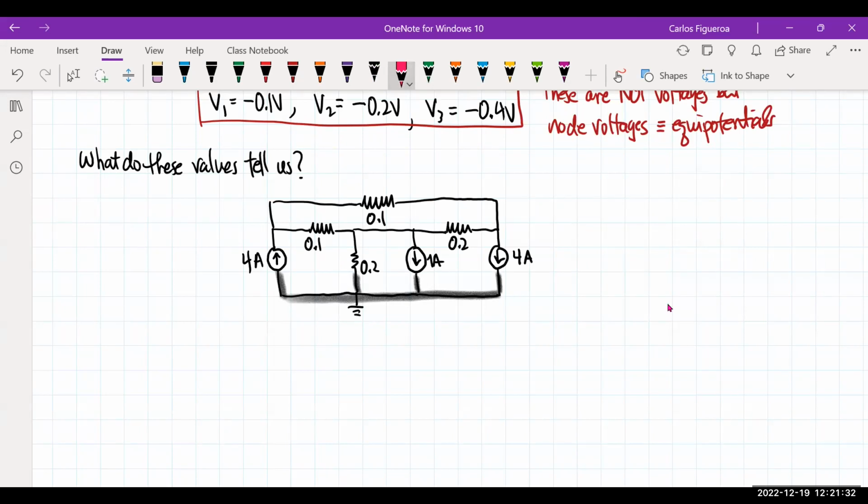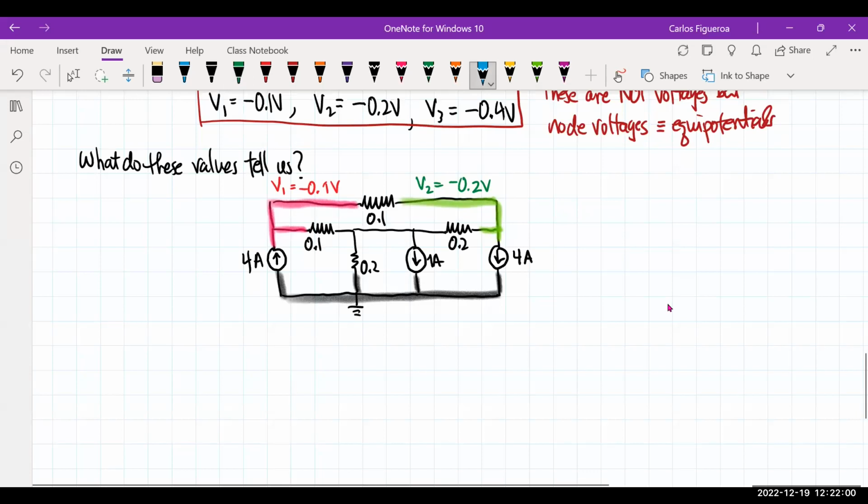We know this is the red, and we call this one V1. So V1 is equal to minus 0.1 volt. And then I have V2, and we said that V2 is minus 0.2.